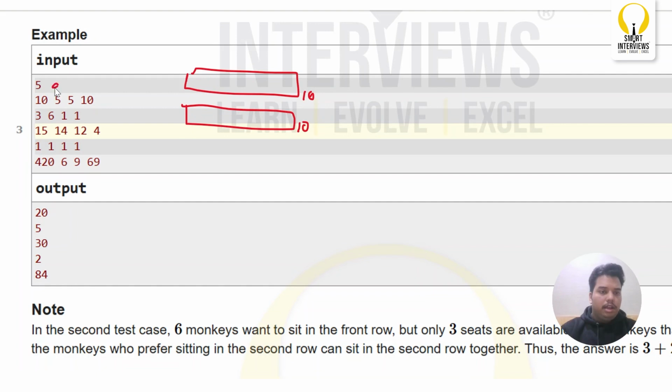This is A, B, C. A in the first row, B in the second row, C can sit both in the first and second row. I hope it's clear. Now, 5 can sit here, A, 5 can sit here, B. The remaining 10 C will be 5 here, 5 here. So the total is 20. 20 monkeys can sit.